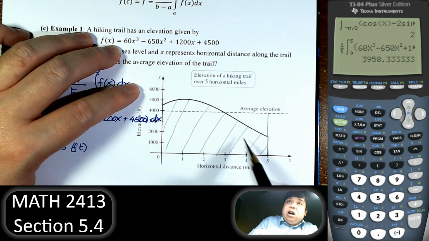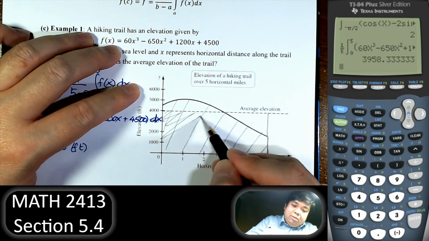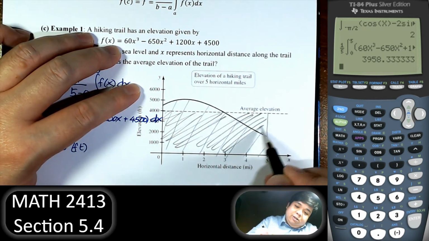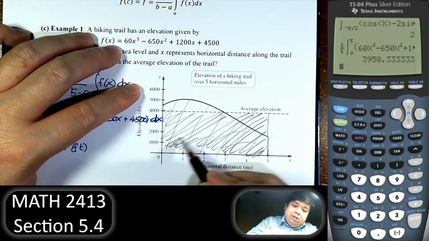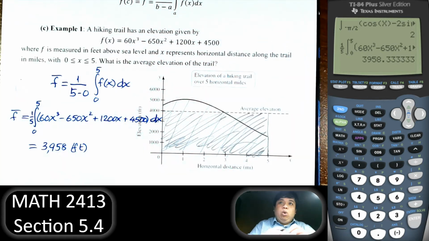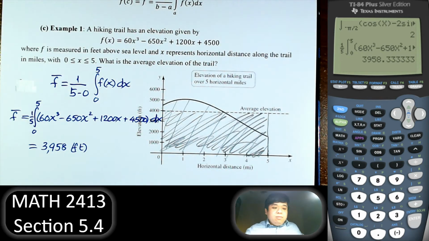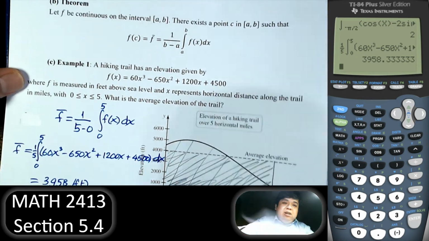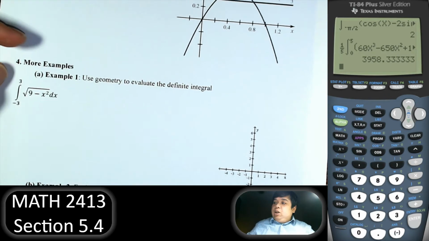So the area under the curve will be the same as the area of this rectangle, because that has the average height, which represents the whole function. I'm just going to use the calculator to get the values, because we spent some time dealing with the integral already.